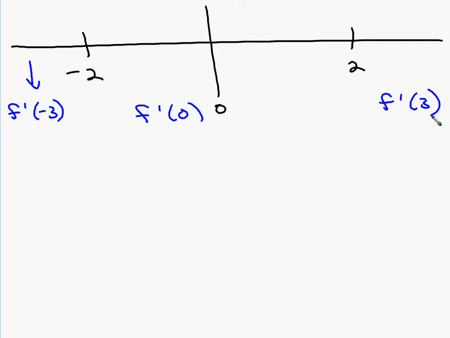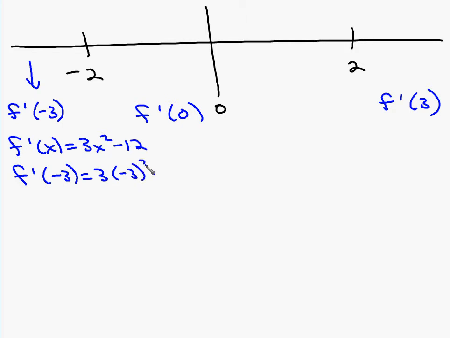Okay? So, f prime of x, we said, was 3x squared minus 12. So we will do f prime of negative 3. So that's 3 times negative 3 squared minus 12. So that's going to be 27 minus 12, which is 15.